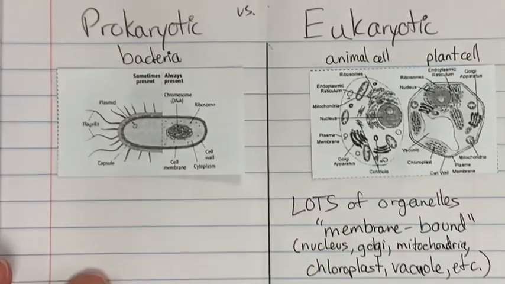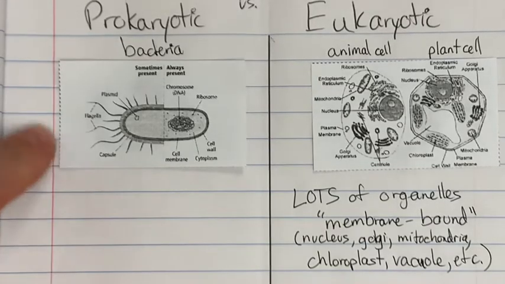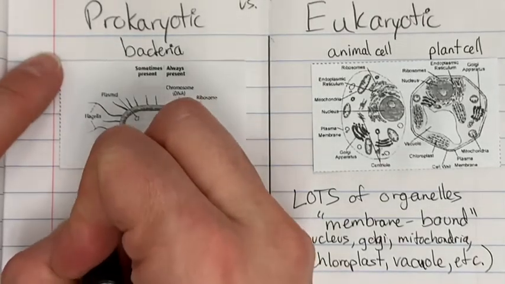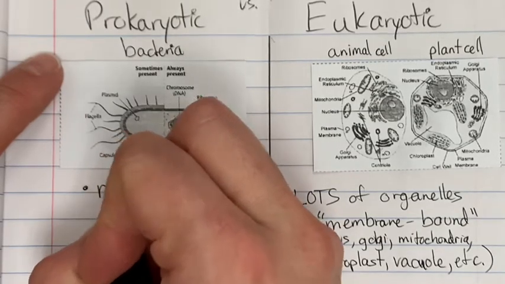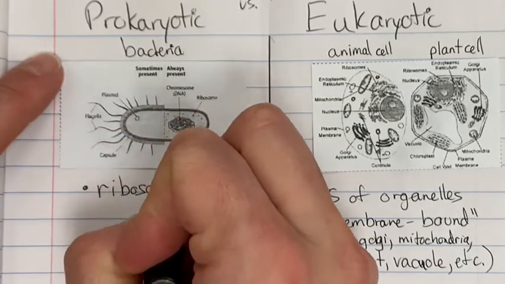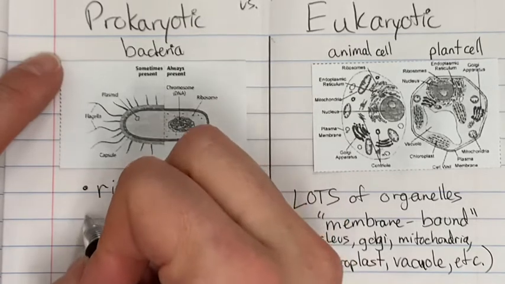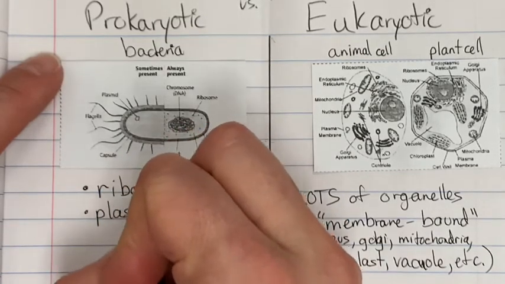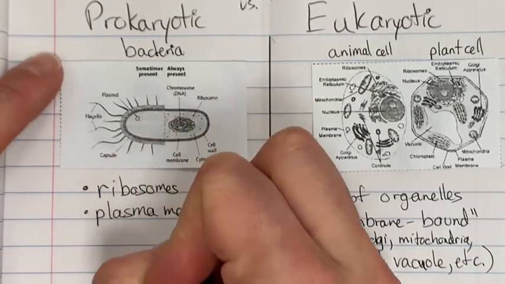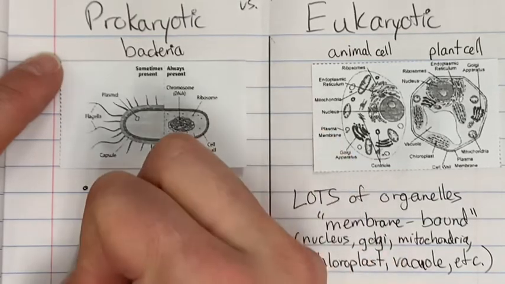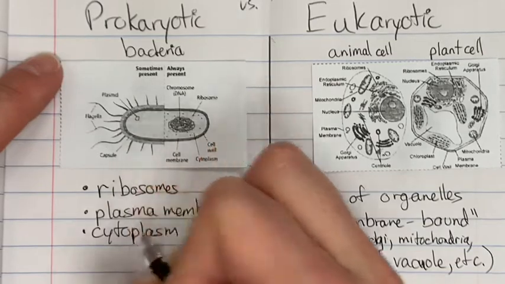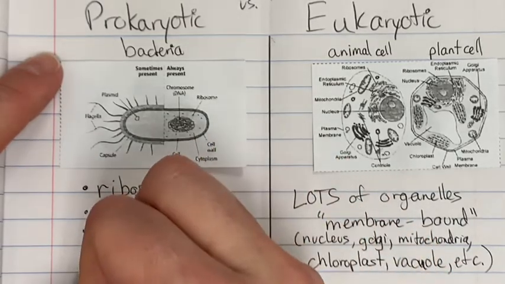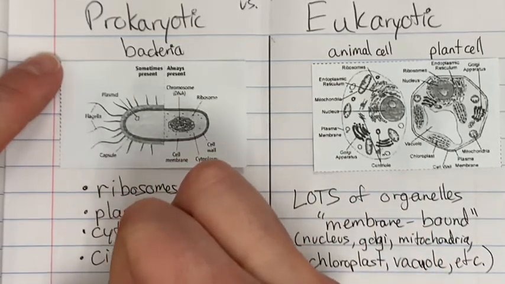Those are all organelles. Whereas inside the prokaryotic cell, you're going to find ribosomes. You're going to find plasma membrane. You're going to find cytoplasm, the liquid of the cell. And you're going to find circular DNA.